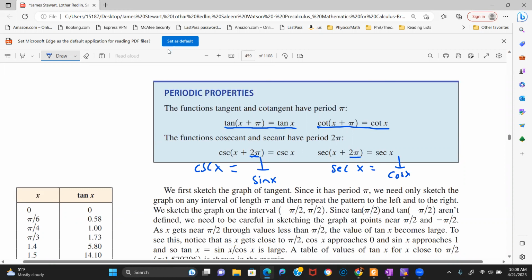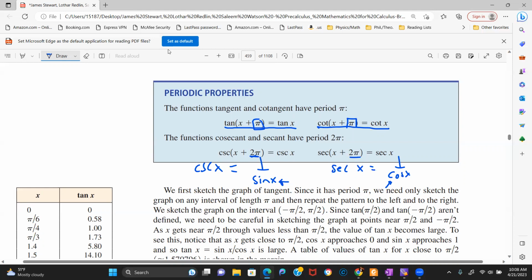That follows immediately from the fact that cosine and sine have a period of 2 pi. But tangent and cotangent are the odd ones out. They have this period of pi, and we looked at a derivation of that.